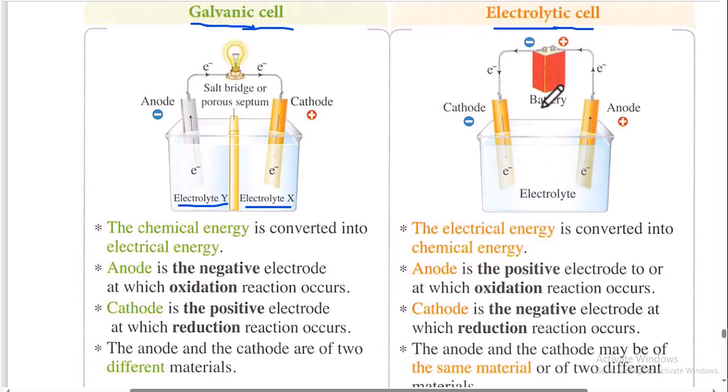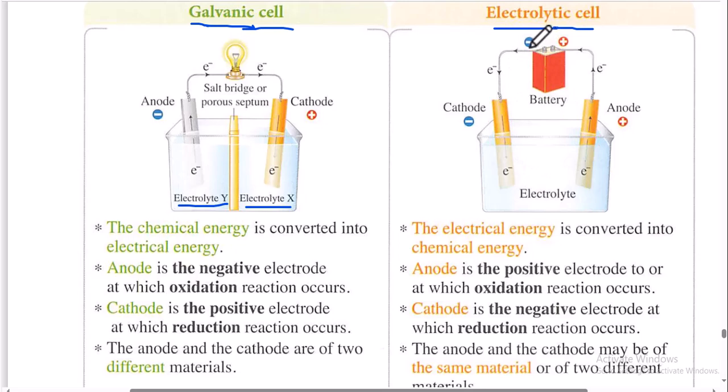The two electrodes may be of the same element or of different elements. The electrolyte here is one electrolyte, and there is a non-spontaneous oxidation reduction reaction which is induced by passing the electric current through the electrolyte.